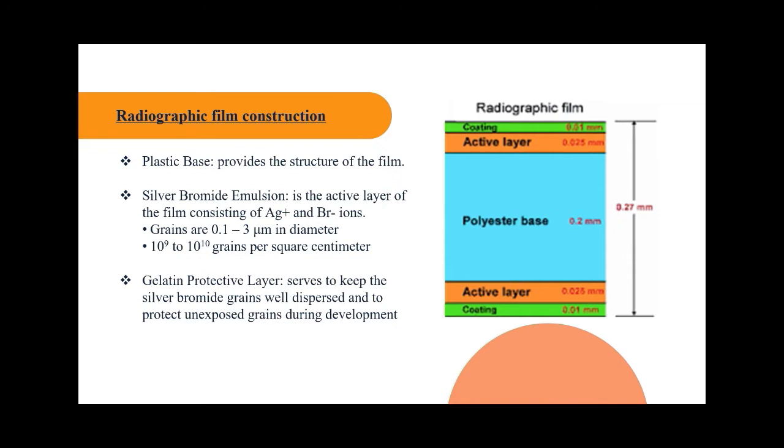Grains are 0.1 to 3 micrometers in diameter, 10^9 to 10^10 grains per square centimeter. Gelatin protective layers serve to keep the silver bromide grains well dispersed and to protect unexposed grains during development.